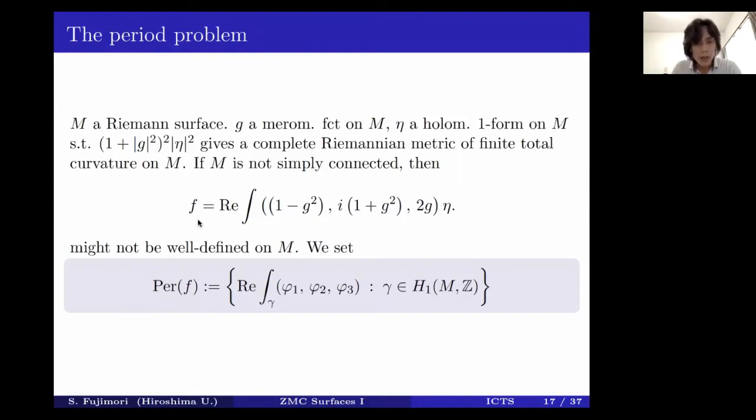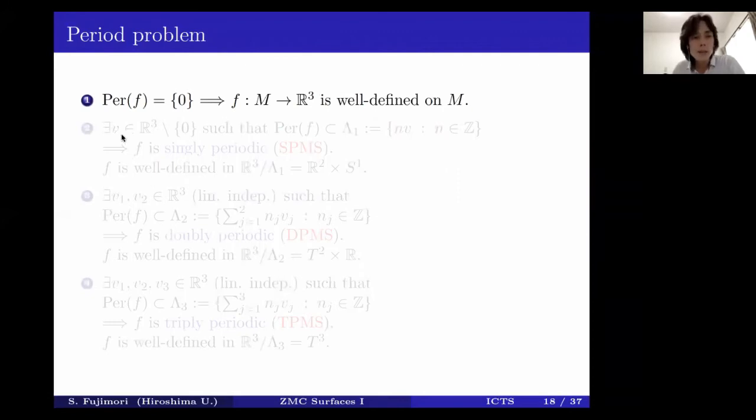So we set the period of F to be this set: for any one cycle, this integral. And if the period of F is just the zero set, then F is well defined. I mean, F is single valued on M. So this is no problem.